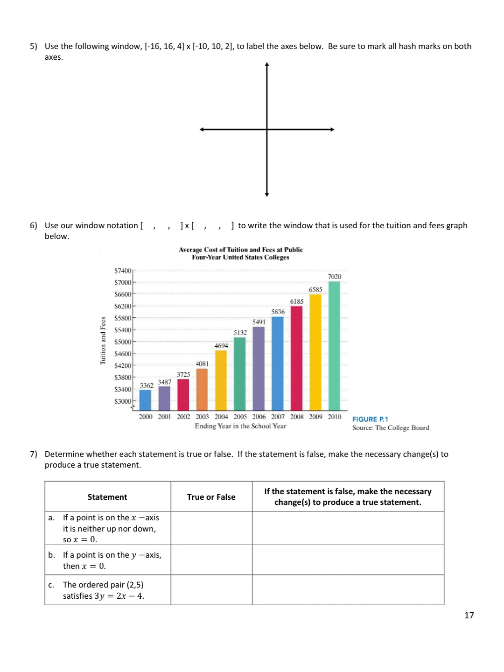Use the following window to label the axes below. So they've given us a window, and remember this means x min, x max, x scale, y min, y max, y scale. So the smallest x to the biggest x, it should be negative 16 to 16. So that is the left and the right. And then my tick marks should have a length of 4. That's what that 4 means.